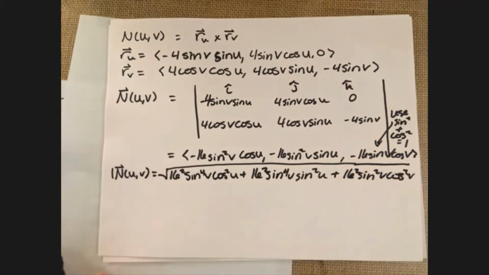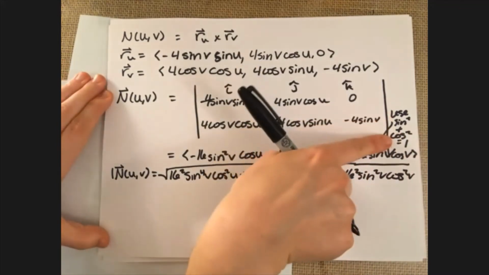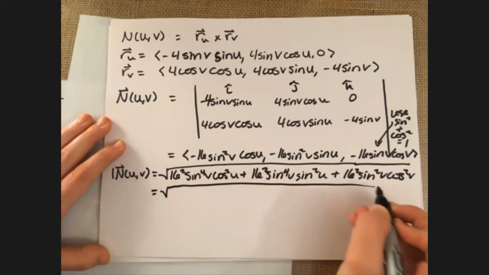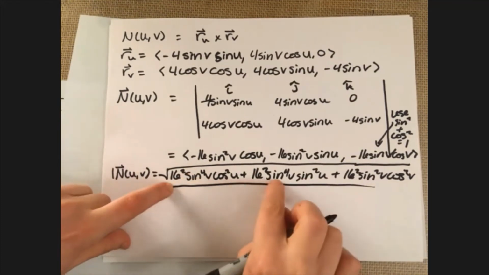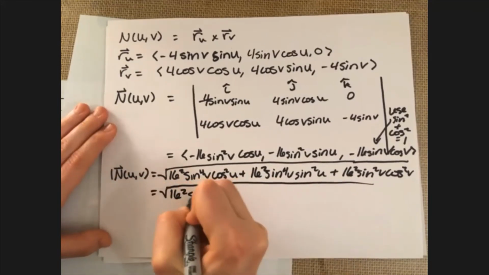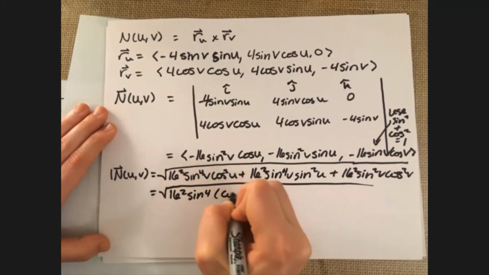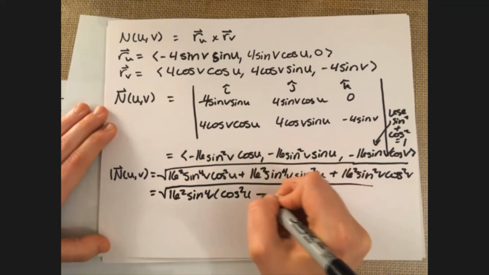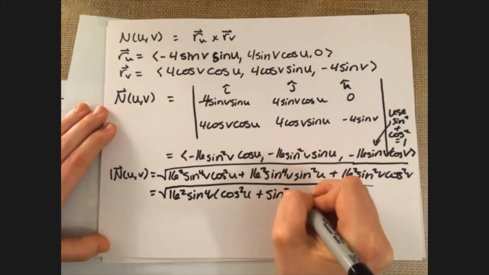All right, now that looks like a huge mess, but this is our favorite identity. This is going to be equal to the square root of, and from here and here, I can factor out a 16 squared sine to the 4th v times cosine squared u plus sine squared u.